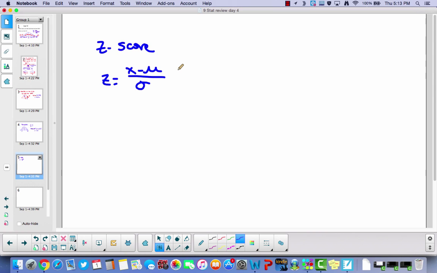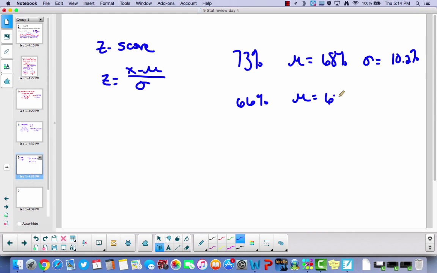We had an example last year where we had two different scores. They got a score of 73%. The mean was 68%, and the standard deviation was 10.2%. And then in another class, they got a 66%, but the mean was 62%, and the standard deviation was 6.8%.